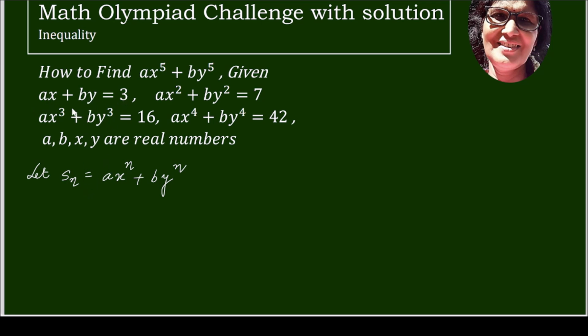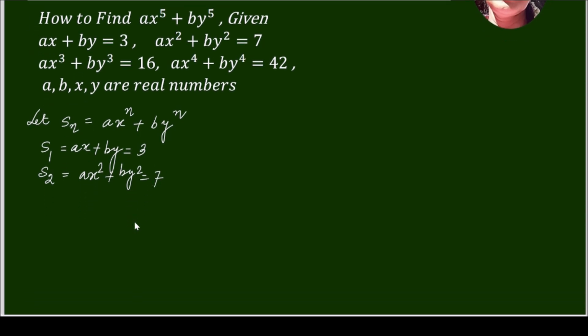When n is equal to 1, we are getting ax + by, so I may write S1 equals ax + by equals 3. Next, when n equals 2, it is S2, that will be ax^2 + by^2 equals 7. Similarly, S3 equals 16 and S4 equals 42.